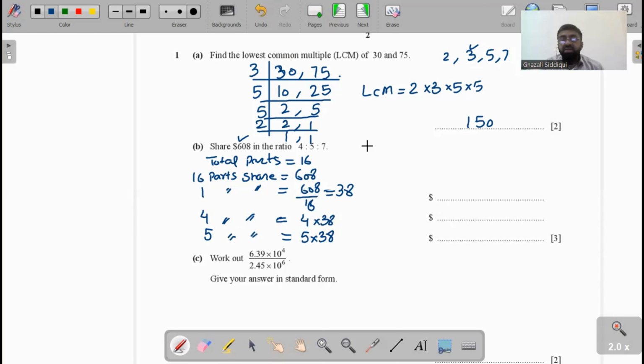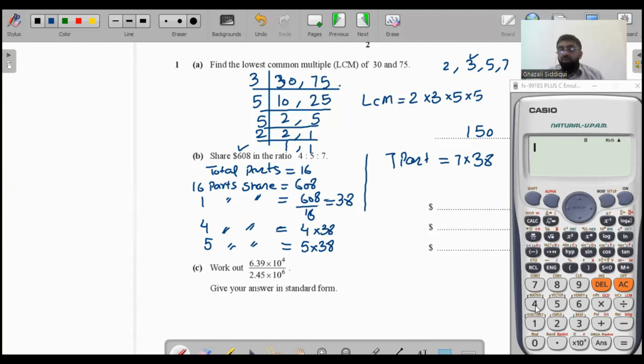And the last, the 7 part value, will be equal to 7 multiplied by 38. Let's calculate it. Now 4 multiplied by 38, the answer is 152.